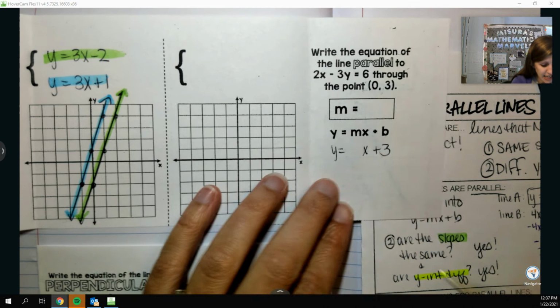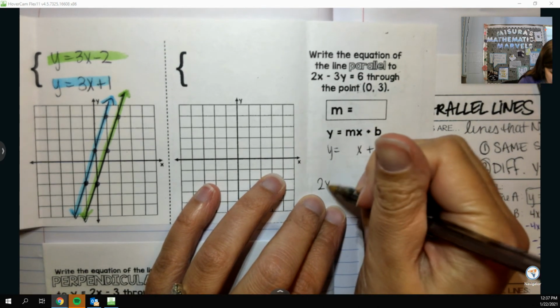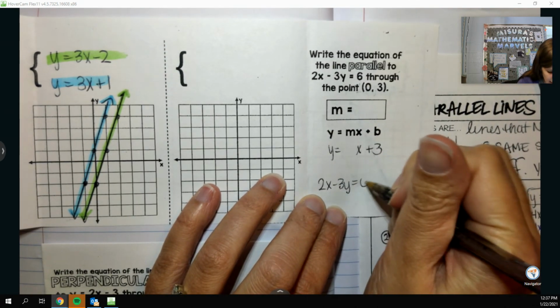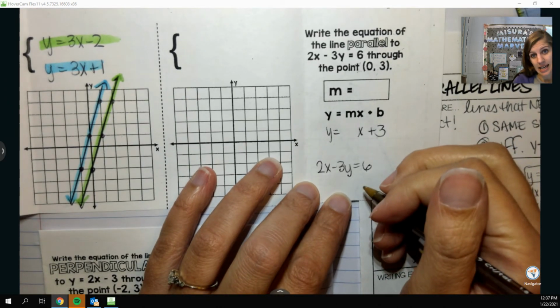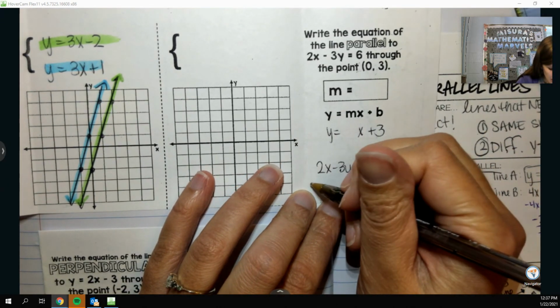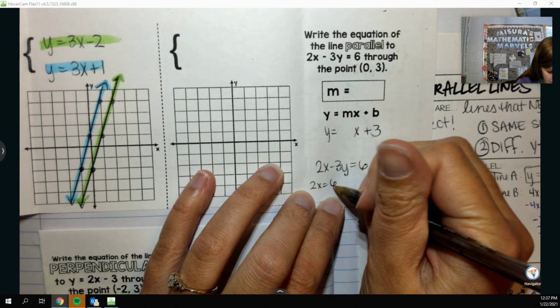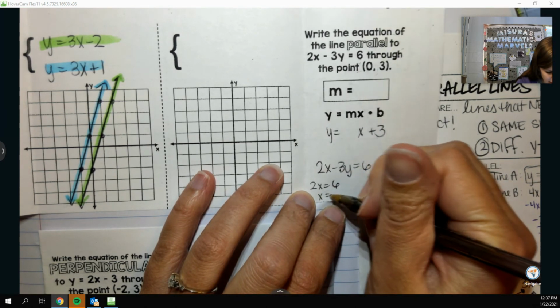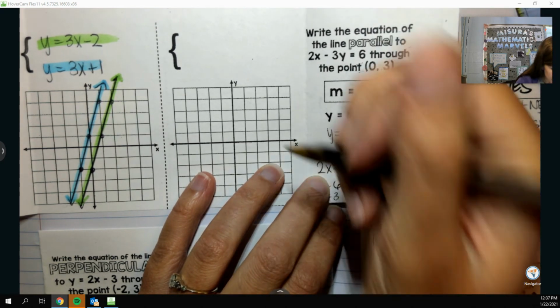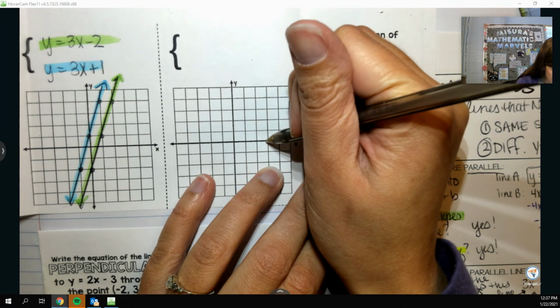So I can take this line here, this 2x minus 3y equals 6 line, and find the x-intercept and the y-intercept. So to find the x-intercept, I solve for x by ignoring y, and I get 3. So along the x-axis, I'd plot 3.